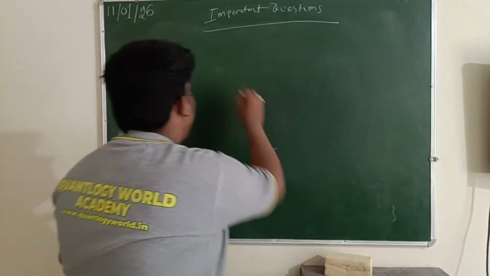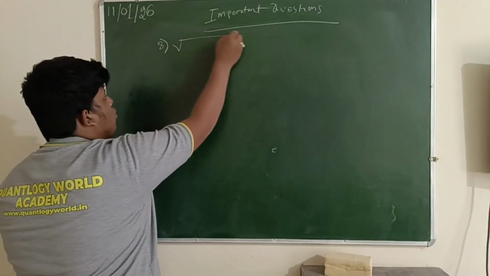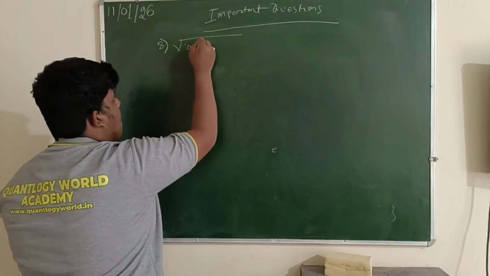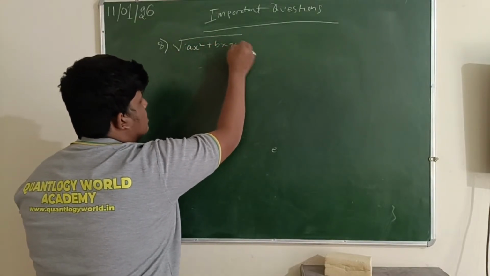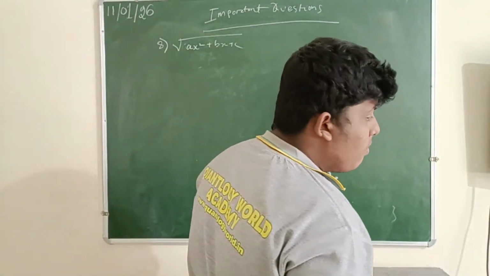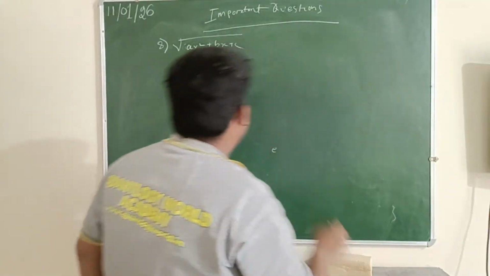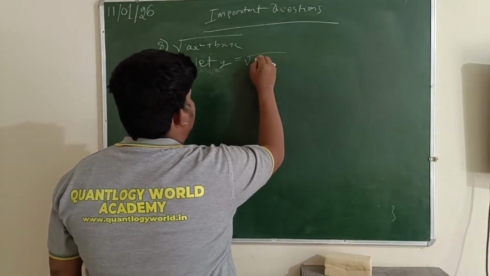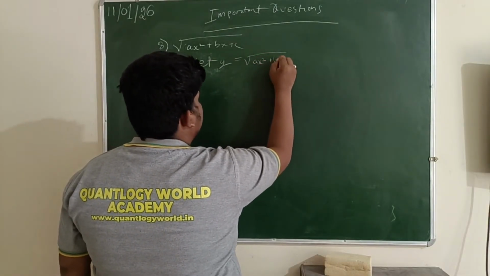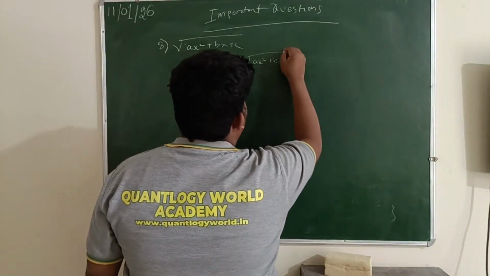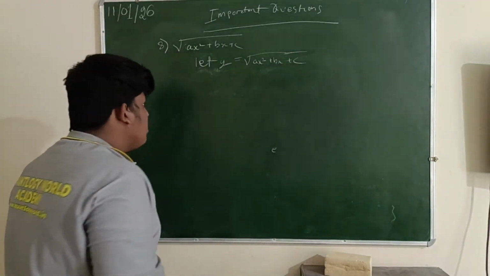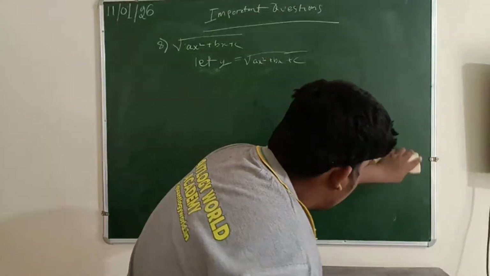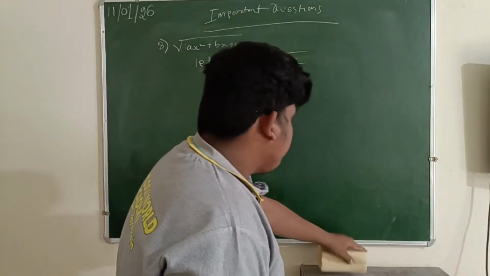Next question, this is the 8th question. Root over of ax square plus bx plus c. Let y equals root over of ax square plus bx plus c. So in the derivative chapter, every equation we take as y, then we will find the derivative of it.